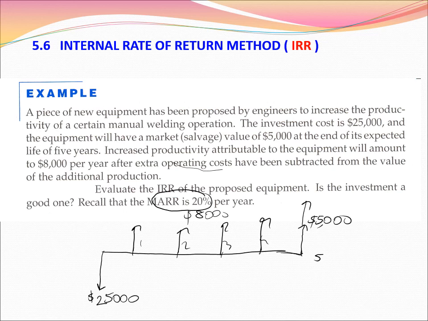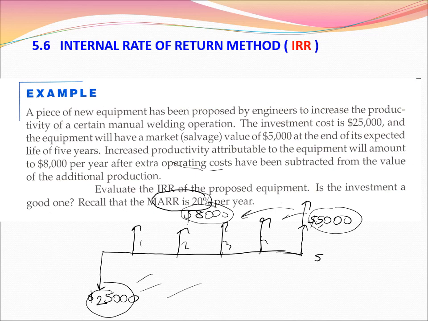For example, if you want to use the annual worth, these 8,000 are already annual amounts. I need to convert this 25,000 to annual and this salvage value again to annual, and we call that the capital recovery factor, right?